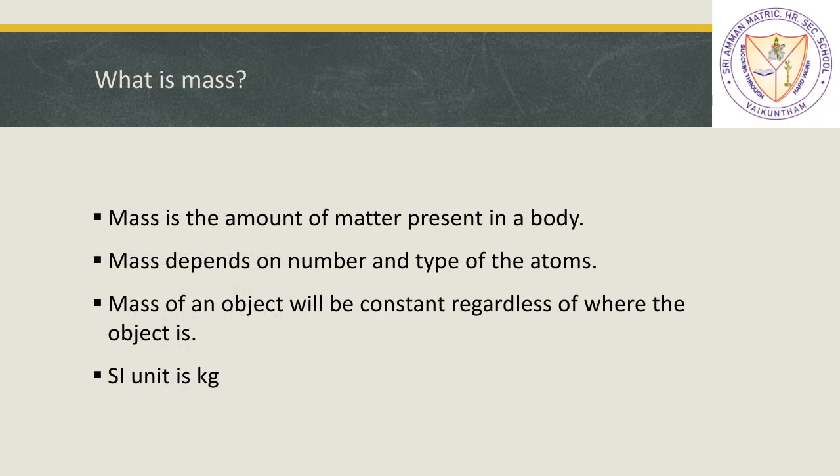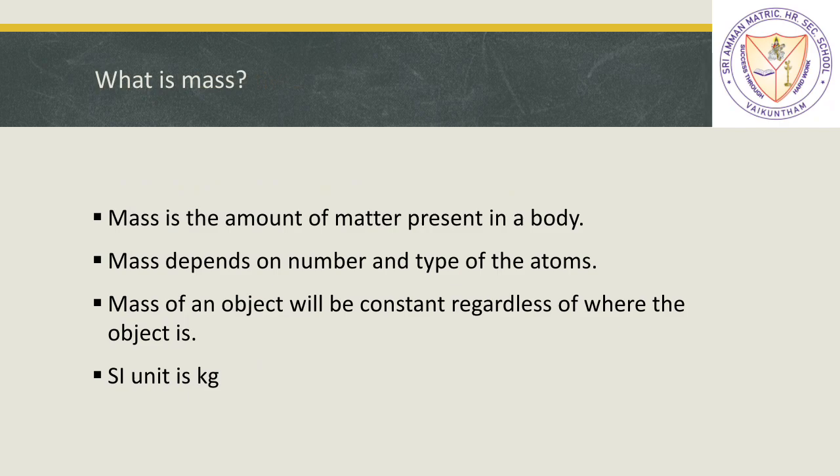So mass is the amount of matter present in a body or an object. Mass depends on number and type of atoms present in an object. Mass of an object will be constant regardless of where the object is. So what exactly does it say? Mass is the amount of substance present in an object.